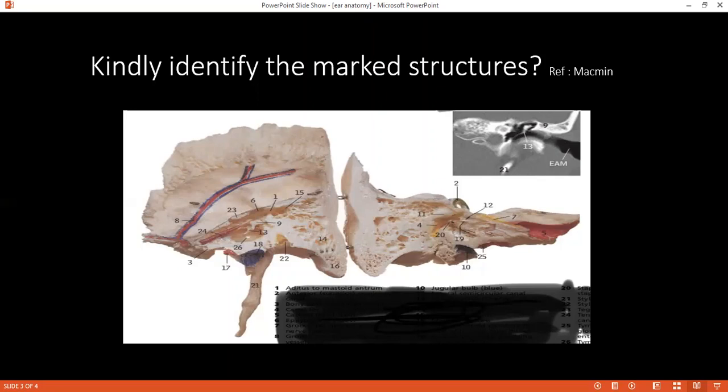If there is spread of infection from the middle ear to the brain, which lobe of the brain would be affected? The temporal lobe of the brain would be affected. Yes. Then what would be the clinical features of infection of the temporal lobe?